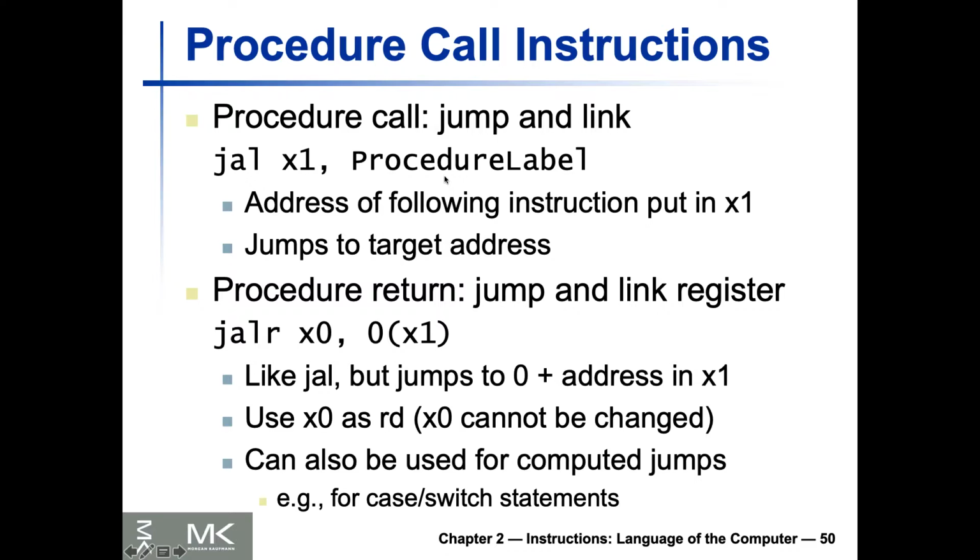So if it was my print, you're going to write it like JAL X1 and my print. We're going to see an example in the exercise. So what it does is it puts the return address in the register X1, and later when we make sure we have the address, because we want to return to that address after the procedure, it's going to jump to the target address, right? At the end of the procedure, we want to make sure that we come back to the first place.